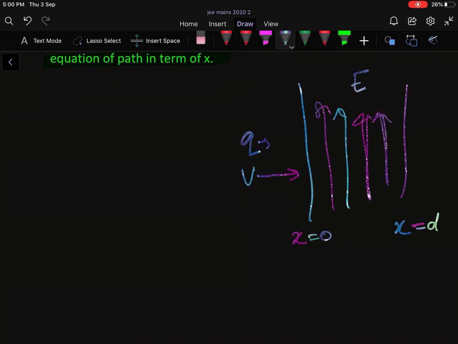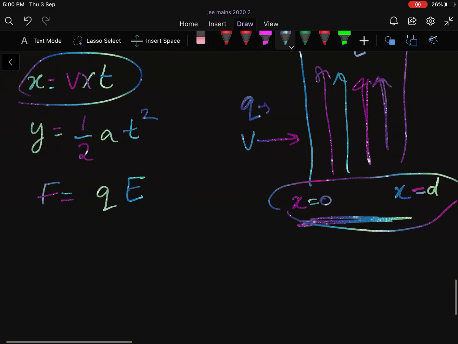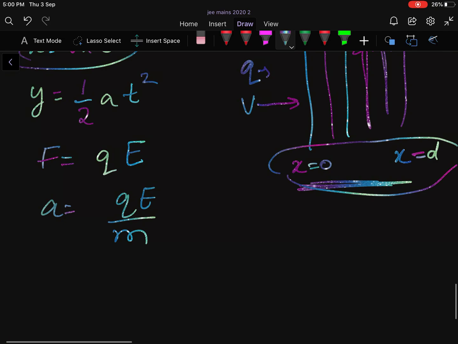So you can say in the x direction it is always v into time, correct? And in the y direction, between x equals 0 and x equals d, it will have half a t square. So what is the acceleration? Force is charge into electric field, so acceleration will be qE by m, right? Use it.